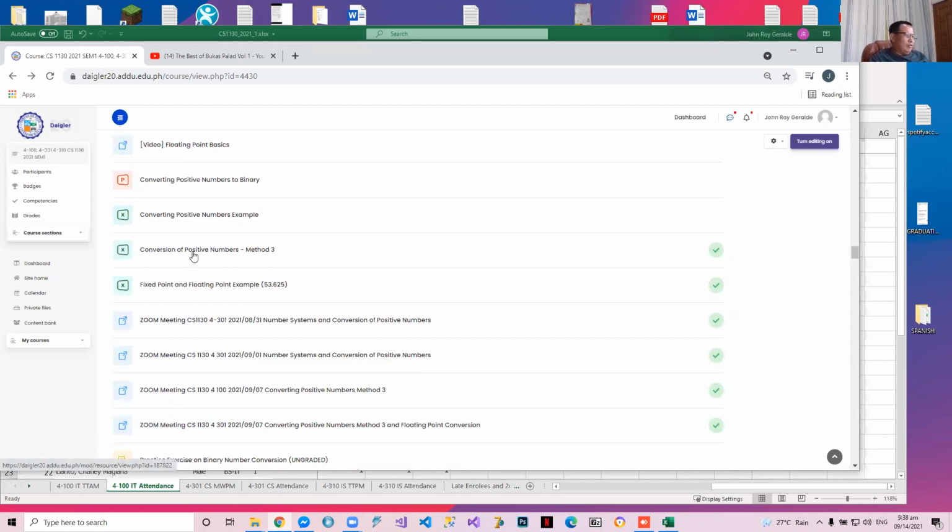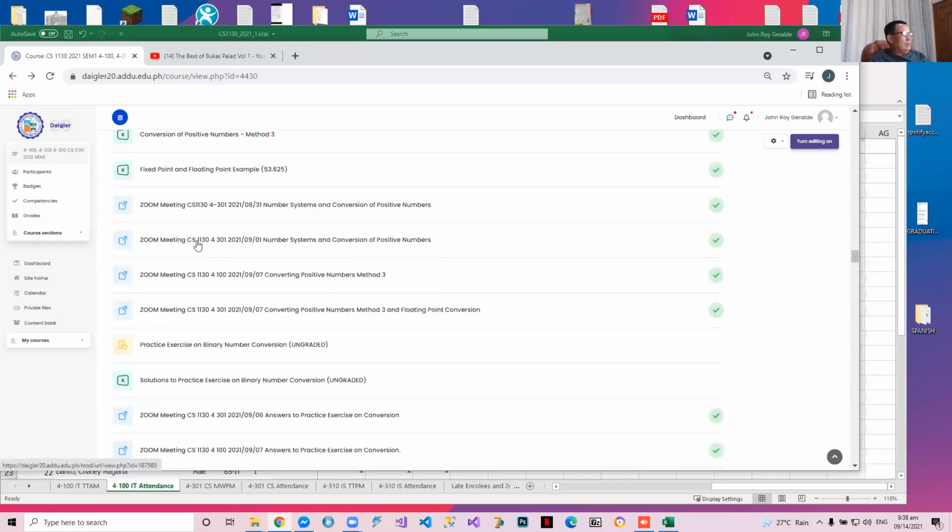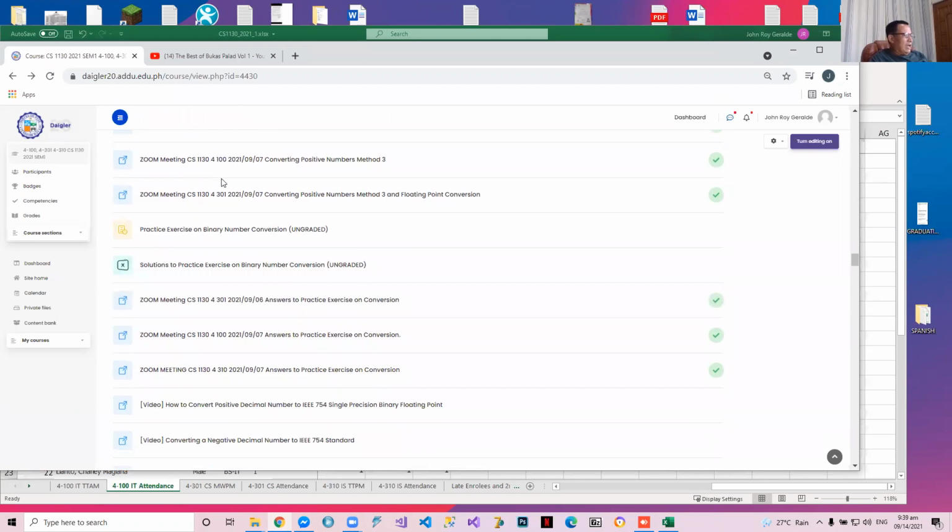Then we have conversion method 3, which is using a special Excel formula. And then we have floating point and fixed point examples for adding. And then I gave you a practice exercise on binary conversion.